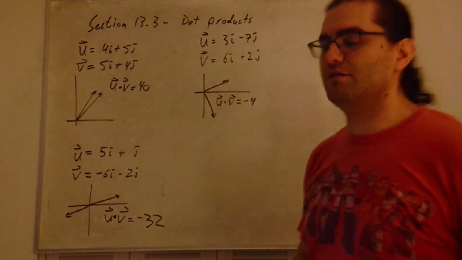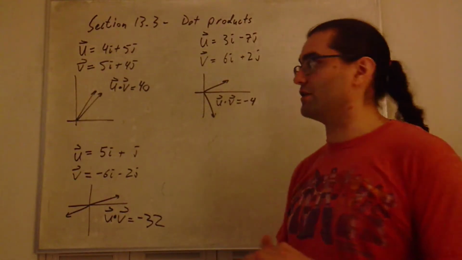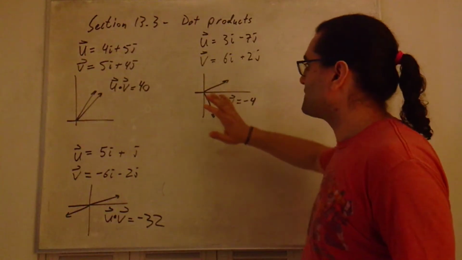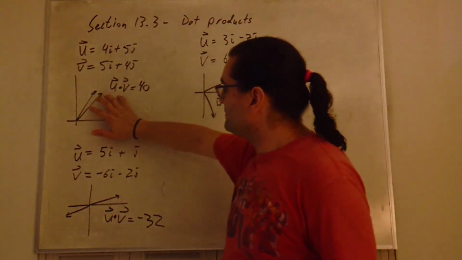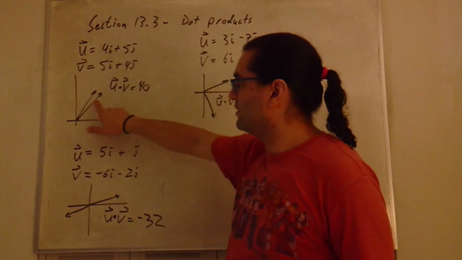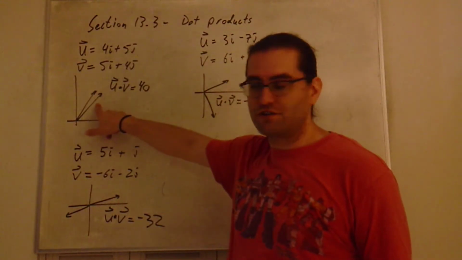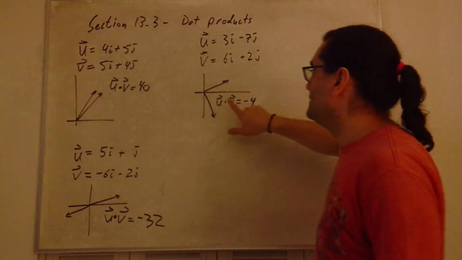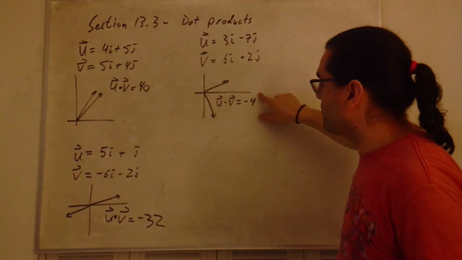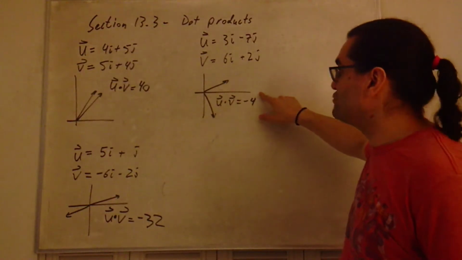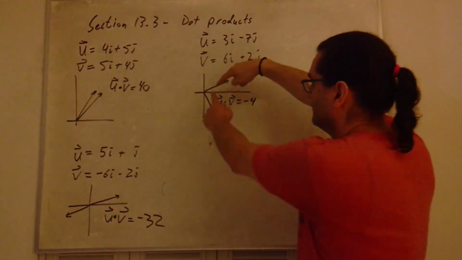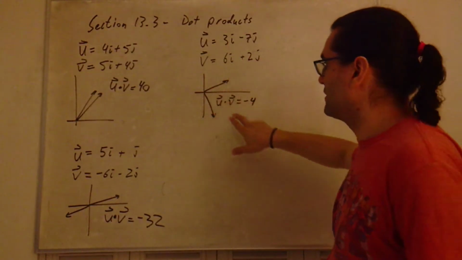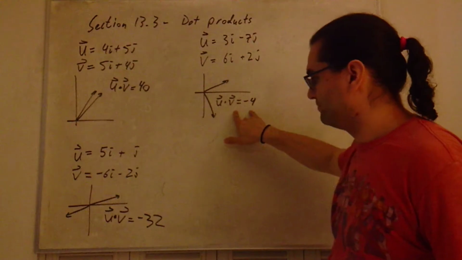Hopefully, the pattern that we're starting to establish, if you've done this another 5 or 6 or 10 times, is that these vectors are going in the same-ish direction, and their dot product is pretty big. These vectors are more or less perpendicular-ish. They're going in sort of right angle directions, and their dot product is very, very small.